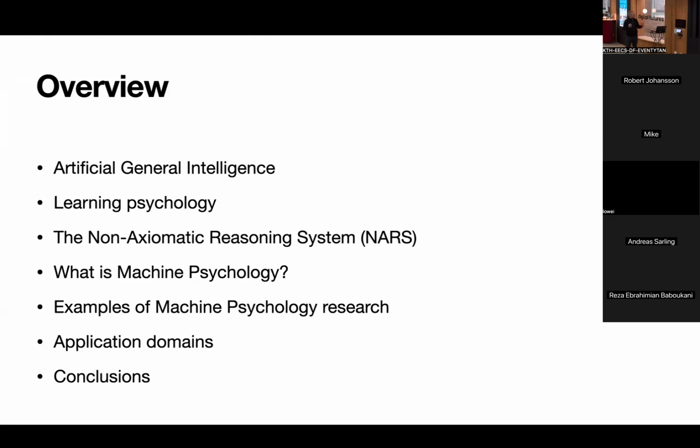And then I describe the combination of these, learning psychology and NARS, that we call machine psychology. I provide examples of the research we have conducted, and also at the end touch on some application domains. And I think we might have a short coffee break in maybe 20 minutes or so.